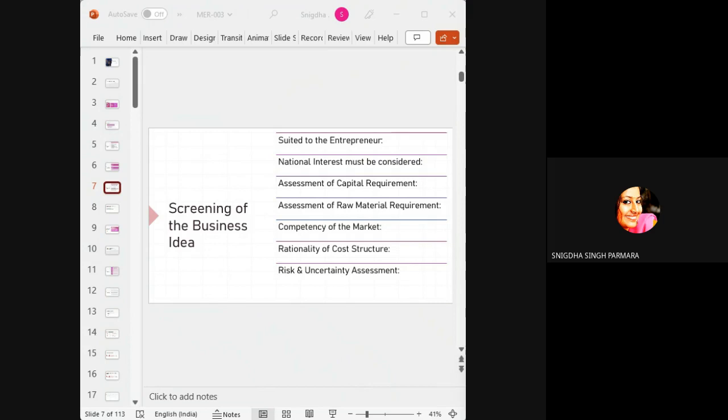For example, I think from the year 2007 or 8, use-and-throw pens were launched. Before that, there were very branded pens available: Cello Gripper, Technotip, Reynolds Jetter, a lot of other decent brands. Link was there, Flair was there.